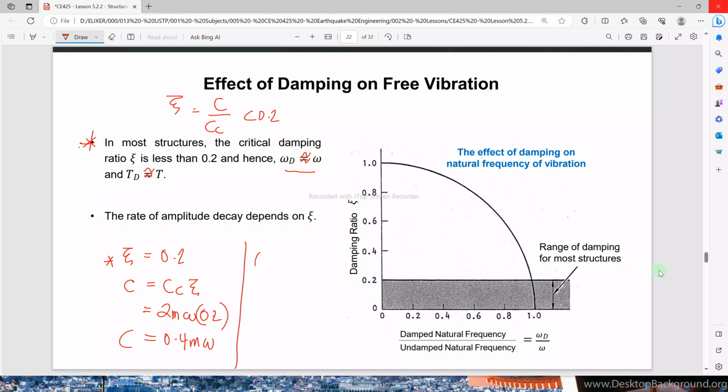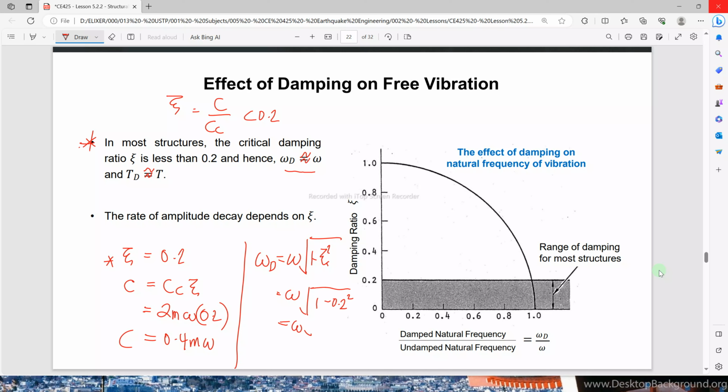And if we try to get the natural frequency due to damping, we have omega d equal to omega times the square root of 1 minus xi squared. So if our damping ratio is 0.2, we have omega times the square root of 1 minus 0.2 squared.